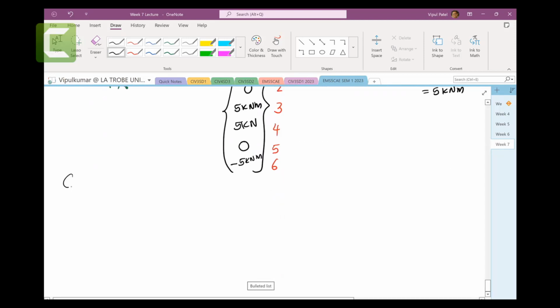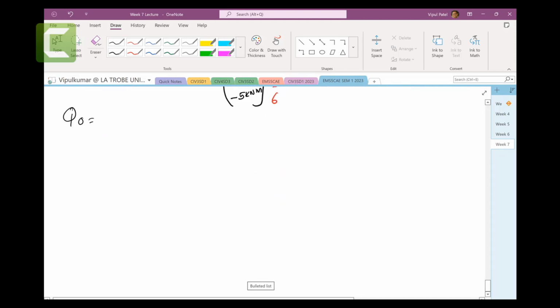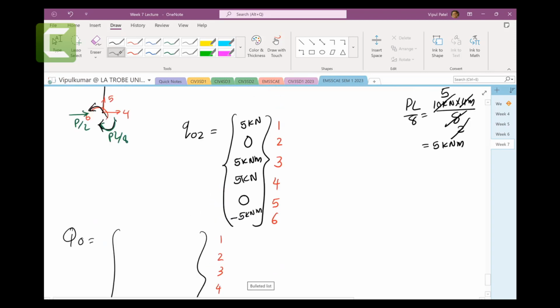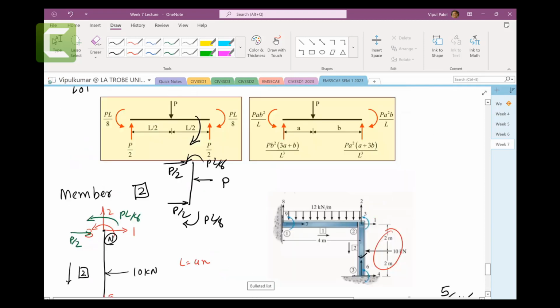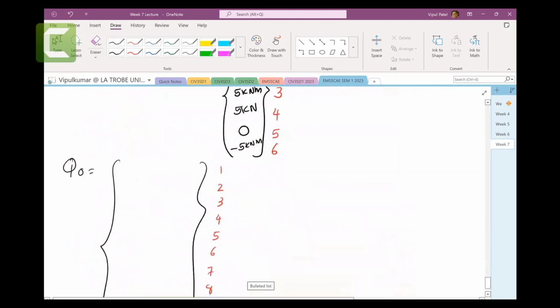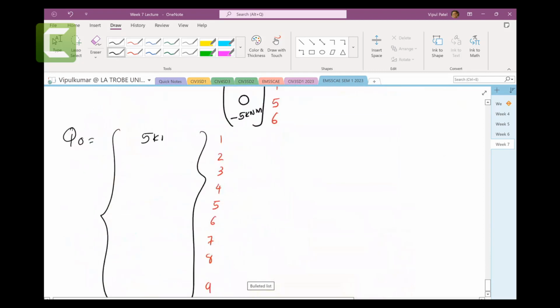So if I sum them up, Q0 is a big matrix with 1, 2, 3, 4, 5, 6, 7, 8, and 9. Now we're going to match it up. Here we have 5 kilonewtons. Here 1 is 0, so 5 kilonewtons plus 0 is 5 kilonewtons.